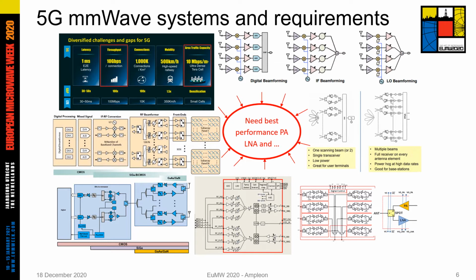As you see, there are a lot of scenarios and a lot of proposals for the systems, like digital beamforming, IF beamforming, hybrid beamforming, analog beamforming, multi-channel applications, single or hybrid applications, like two technologies in one package, and so on. But there is one thing that is common to all of them, which is that they need best performance PA, LNA, and switch, or let's call it analog front end.